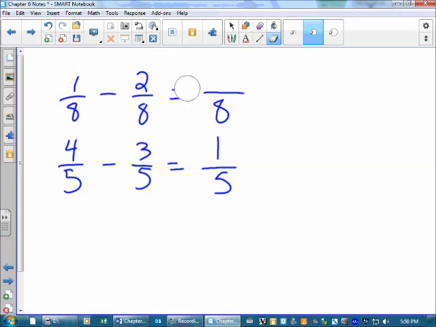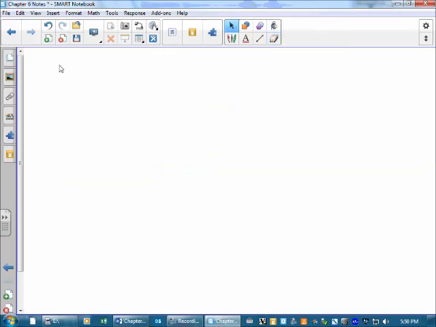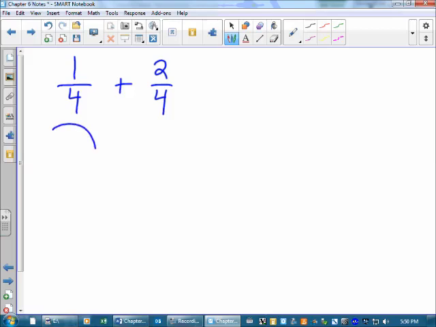Now, the only other thing that I really want to go over and show you is how we look at things visually. So if I have a fraction like this, let's do some addition. So 1/4 plus 2/4. What that looks like is if we have 1/4 of something, right? And we'll just use a circle.